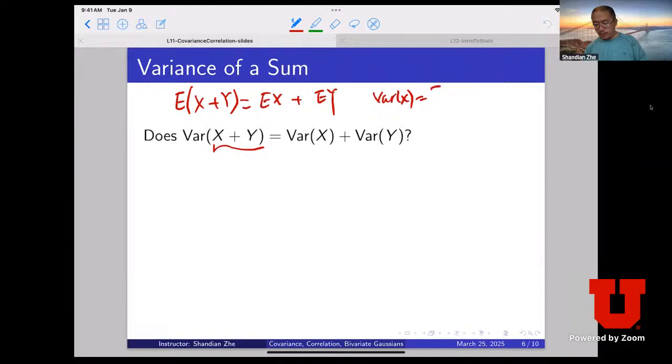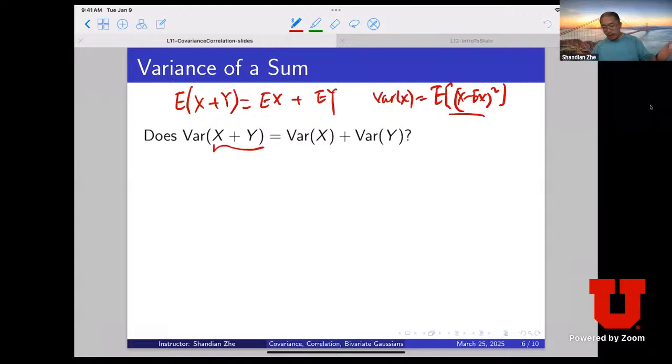It's a square function, right? If everyone could remember the definition of the variance, right? We're taking an expectation of a square function, which cannot provide you the linearity.